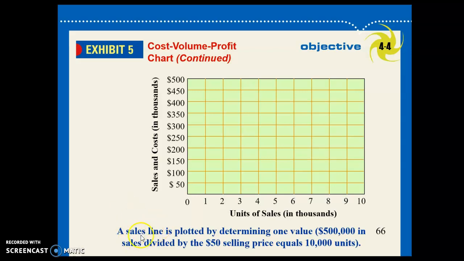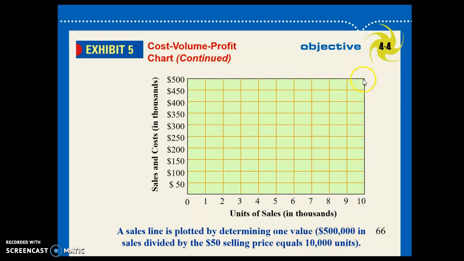We're going to make a sales line. We take one value, 500,000 in sales, divided by the $50 selling price, which is 10,000 units. So we have 500,000 in sales, and that means we're selling 10,000 units.